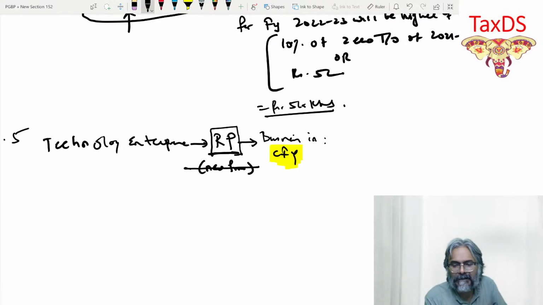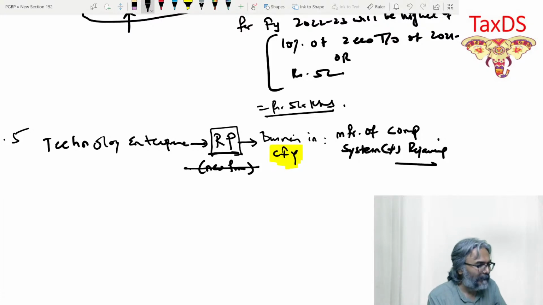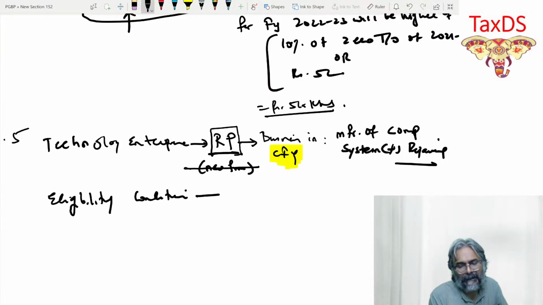So in the current financial year, he wants to do manufacture of computer system plus repairing. Manufacture of the computer system plus repairing. Now, what is the eligibility condition where he will fall? The eligibility condition we are going to test is section 10(1) and 10(2) of the CGST Act.